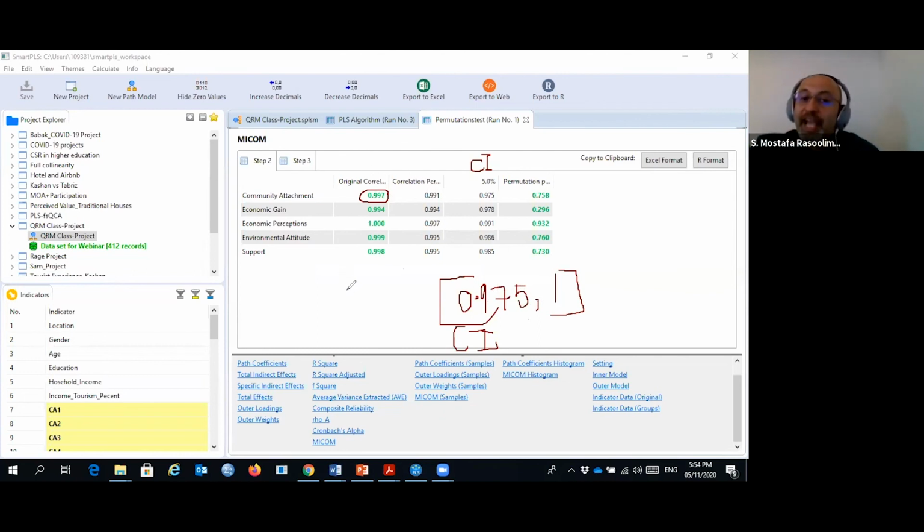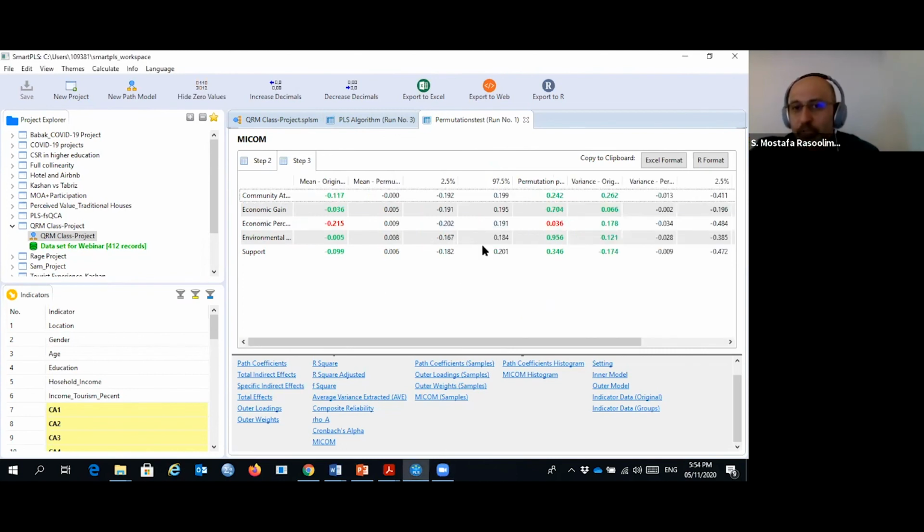If we have this for all constructs, we can pass compositional invariance. When we pass configural and compositional invariance, we can go for MGA. But let's check step 3. Step 3 is not a requirement for MGA, but we can check it.